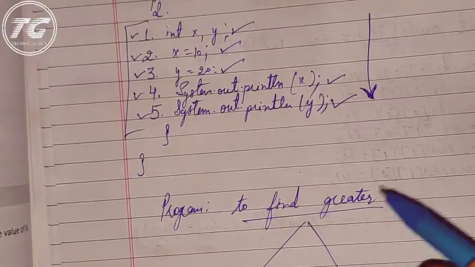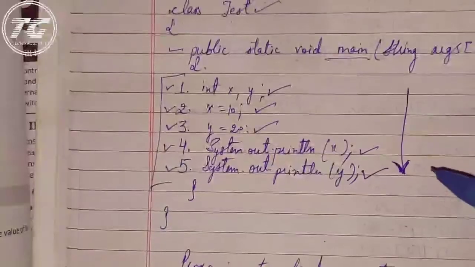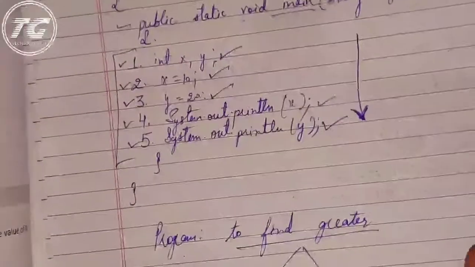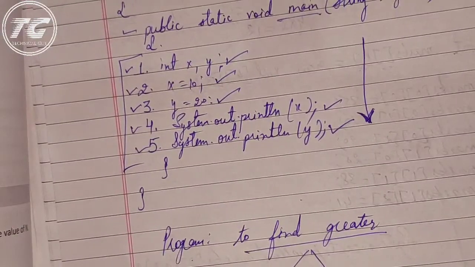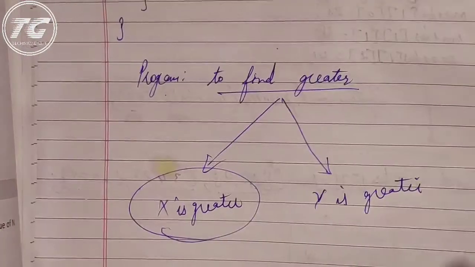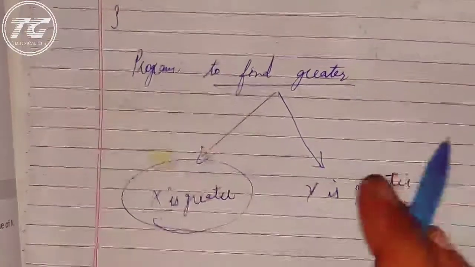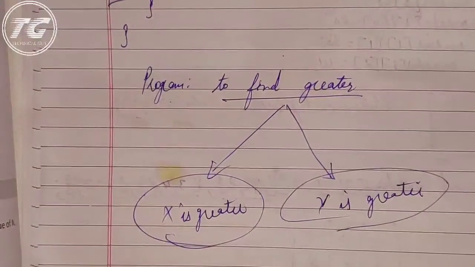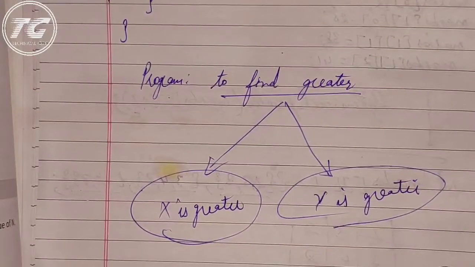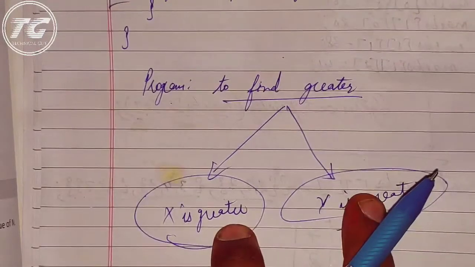So here the sequential flow of execution will not work. Here you need to change the flow of execution. It means either this statement will be executed or that statement will be executed, but both will not be executed.